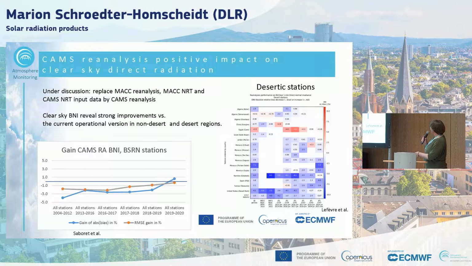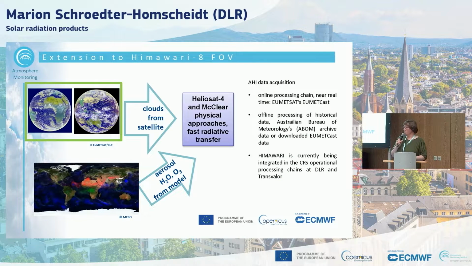This is over all stations. What is bluish is good, and if the blue disappears a bit, that means that the IFS is doing quite well. CAMS reanalysis is not always doing better anymore at the end here, but for the long period, it's really worth doing, and we will switch to the CAMS reanalysis now. So this will be the next version, 4.5, operational in a few weeks from now.